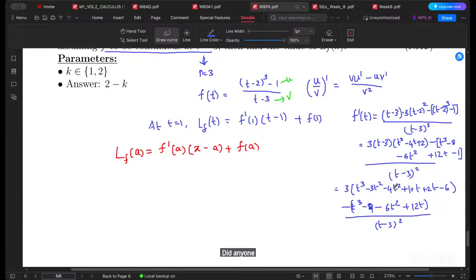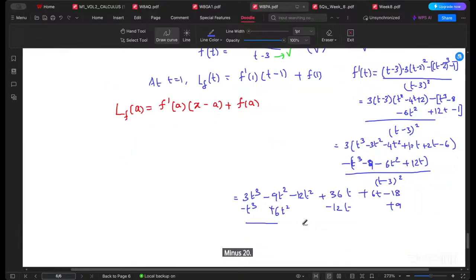Did anyone complete this one? It's just a lot of calculations. Plus 9 plus 6t square minus 12t, whole divided by t minus 3 whole square.